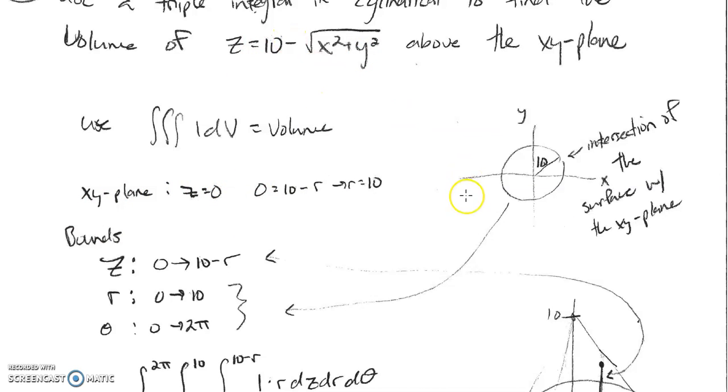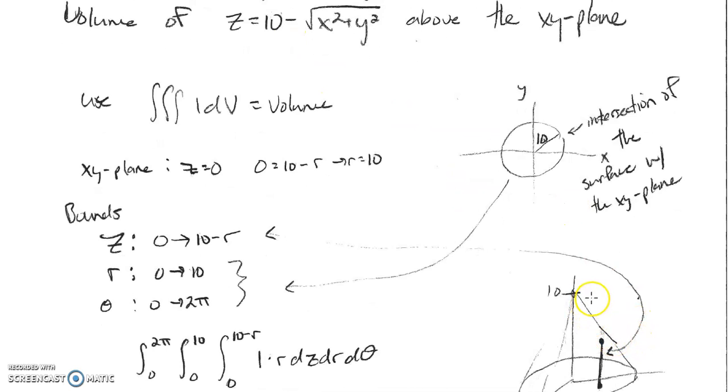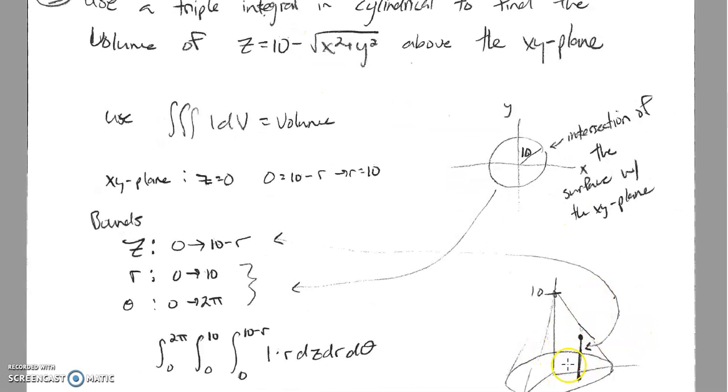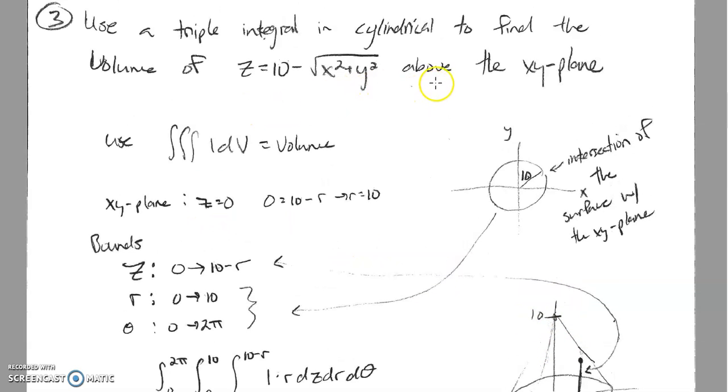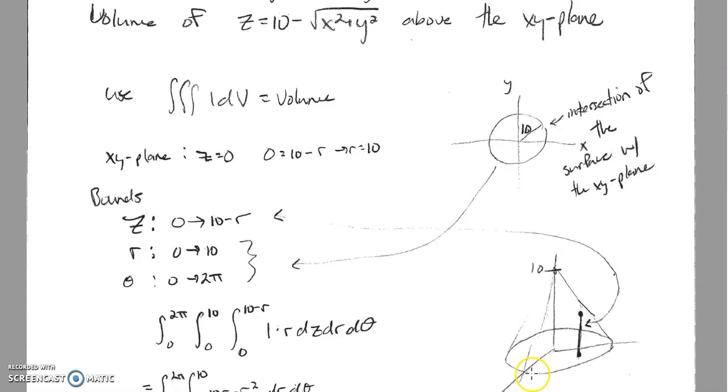We went over previously that this shape was a cone, right here, this cone, height of 10, and I can write it as z equals 10 minus r, right? That's how I would write that in cylindrical coordinates. Since I want the volume of that above the xy plane, I go from z equals 0, because that's what the xy plane is.